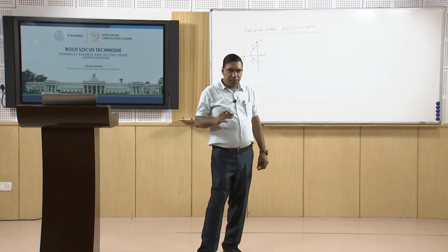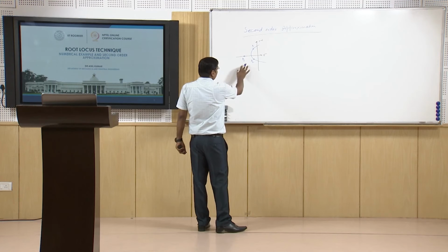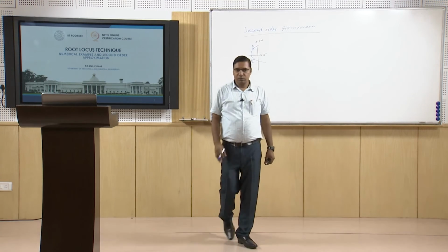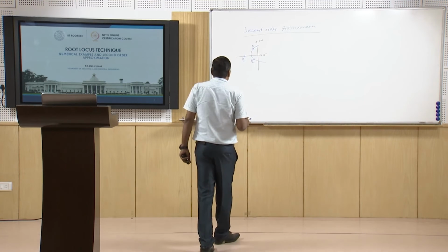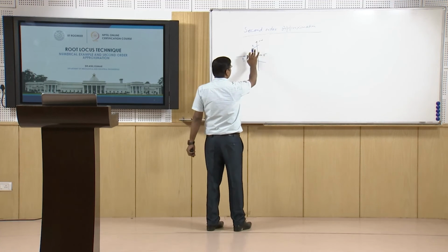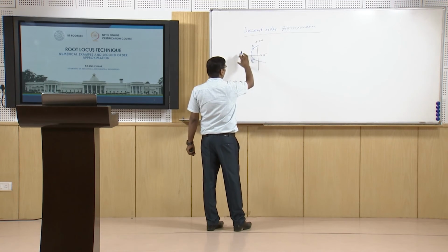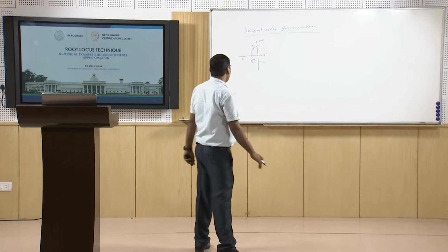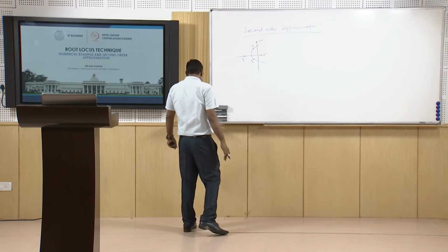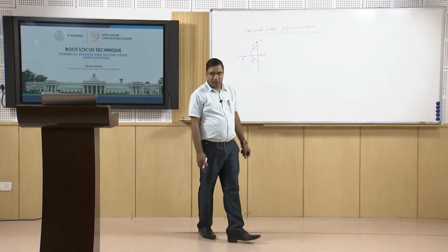We have 3 poles, so this is a third order system. Can we approximate it as a second order? Means can we neglect the role or importance of the third pole? Yes, we can do this, but only in certain conditions.